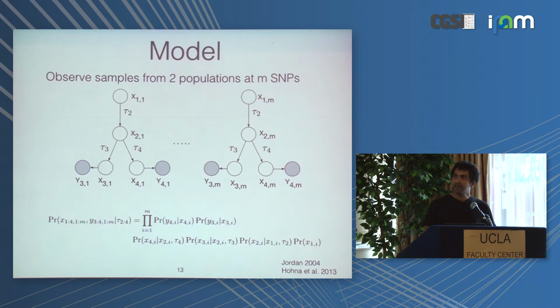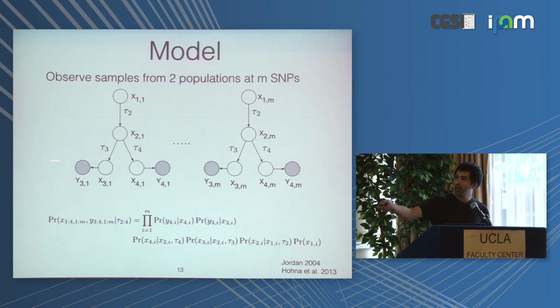Now, in practice, what we have are observations from multiple SNPs along the genome. So in this case, now we have observations from M SNPs, and we are observing only the populations at the leaves of this tree. So we have observations only from the populations x3 and x4. So these are present-day populations.